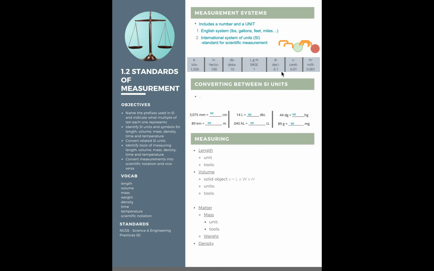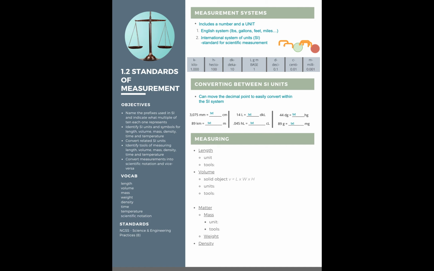So 10, 100, and 1,000, but it would be inverse. So 1 would equal 10 deciliters, 1 would equal 100 centiliters, and then 1 would equal 1,000 milliliters. Okay, so what's nice, because it is this 10-base system, it is easy to convert between SI units. Okay, so we can move the decimal point very easily to convert within the SI system.